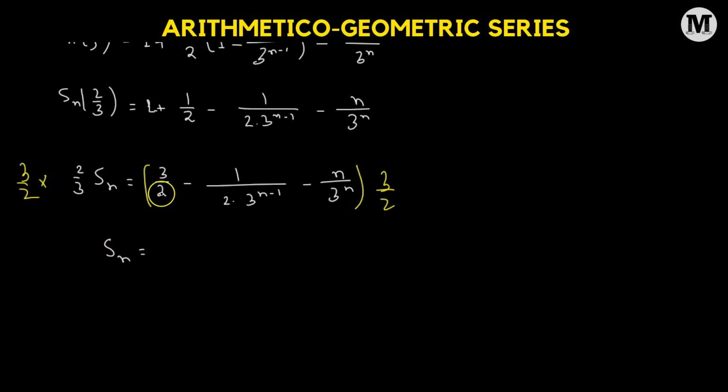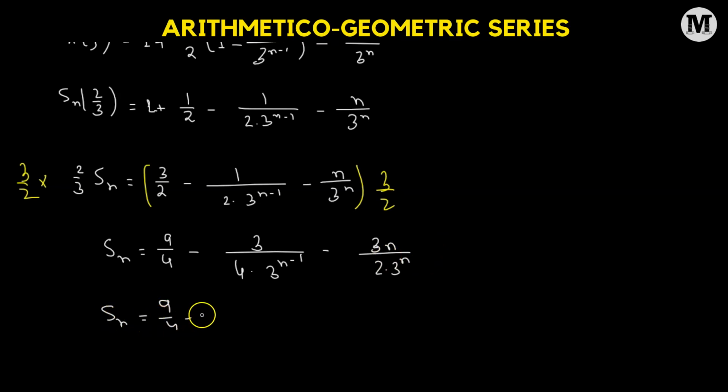So we have 3/2 multiplied to 3/2, so that's going to be 9/4 minus, so we have 1 times 3, that's 3, divided by 2 times 2, that's going to be 4. 4 times 3 raised to the power of n minus 1 minus we have 3 times n divided by 2 multiplied to 3 raised to the power of n. Furthermore, we can use the law of exponents here.